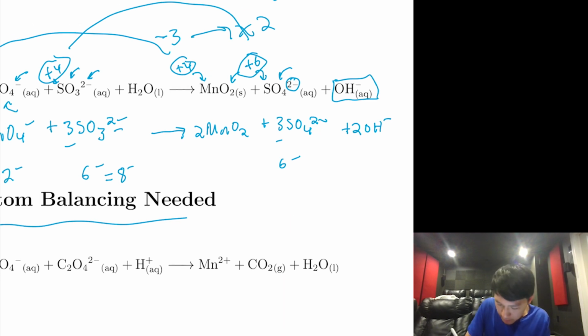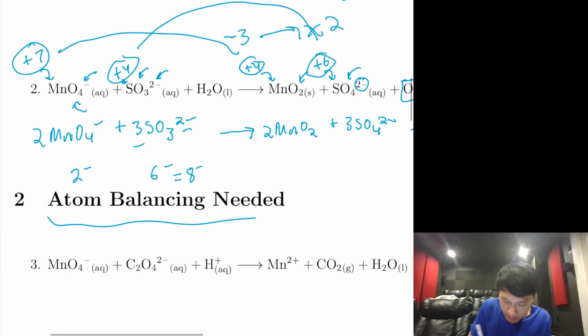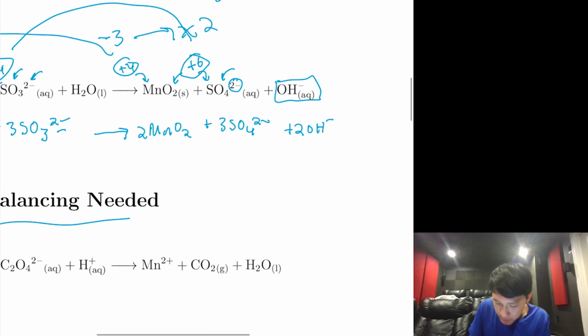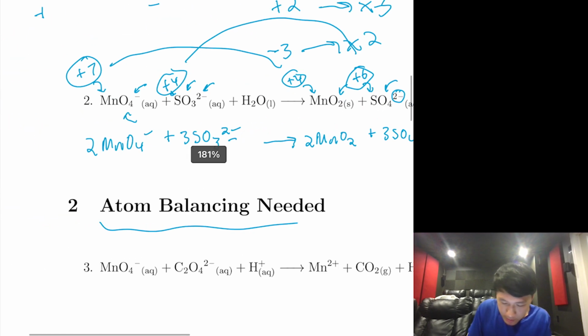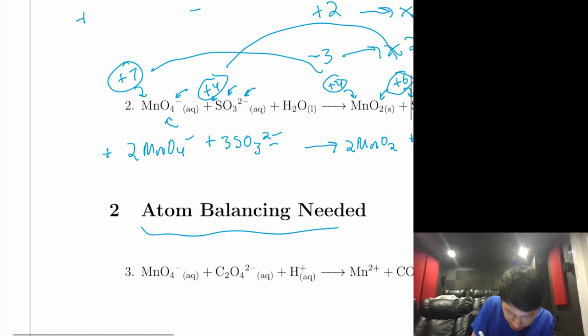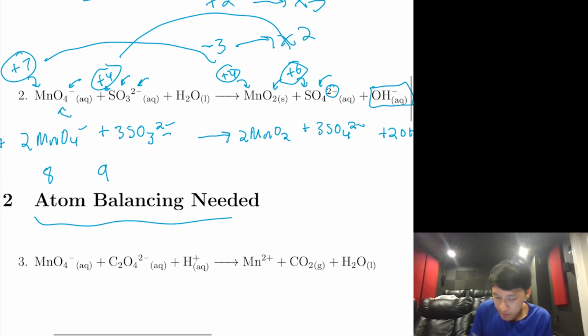All right, and then we're going to need to balance the hydrogens, just like we did before with H+. We have 2 hydrogens on the right side, clearly, and that means we're going to need to add 1 water to the left side to balance the hydrogens out. And to check our answer, we're going to check the amount of oxygens on both sides. So on the left side, we have 1 oxygen from the water, 8 oxygens from the MnO4, and the 9 oxygens from the SO3 2 minus.